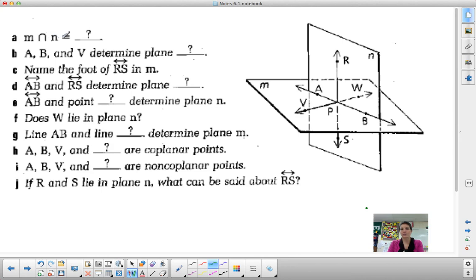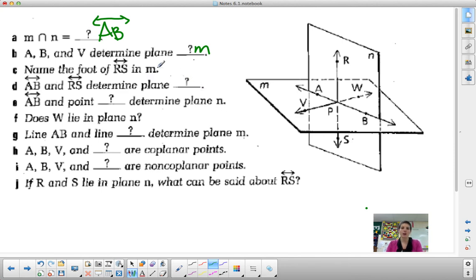If plane M intersects plane N, the intersection of two planes is a line, so we would say line AB. A, B, and V determine plane M. A, B, and V are all on plane M, so they determine plane M. Just those 3 points. We wouldn't need anything else that's on it.